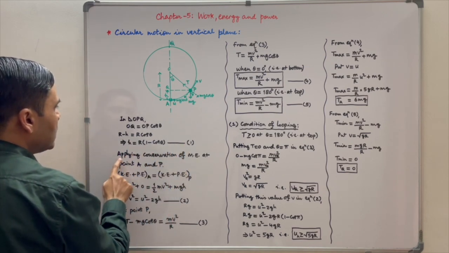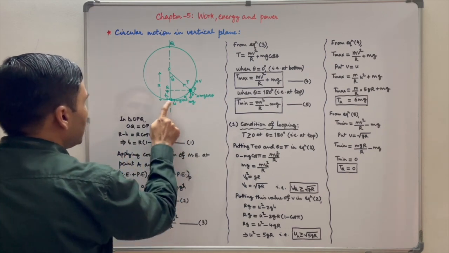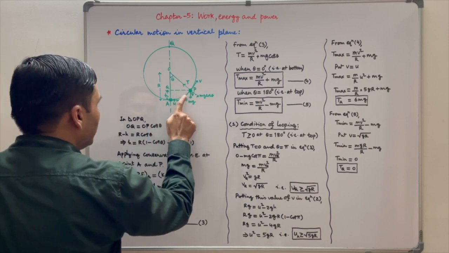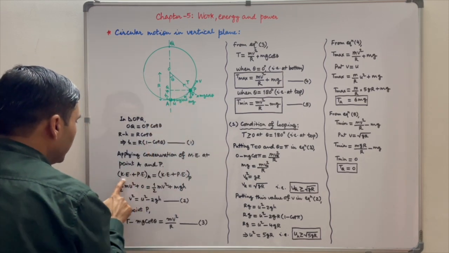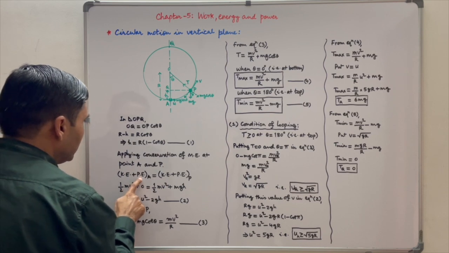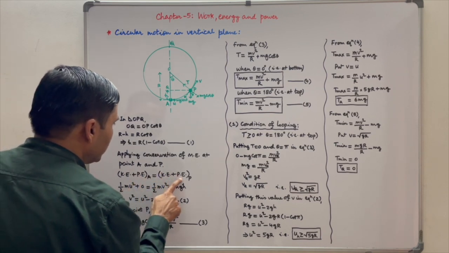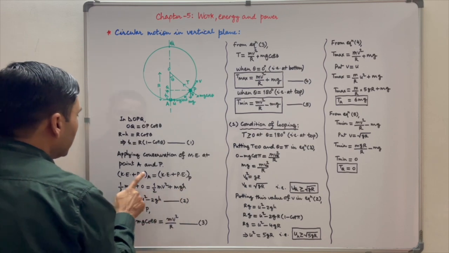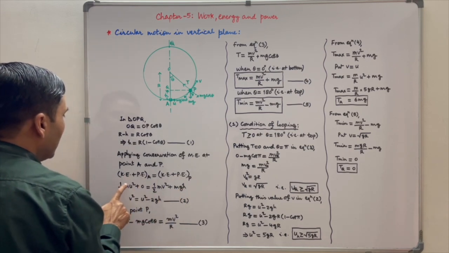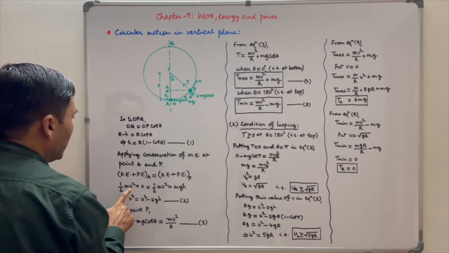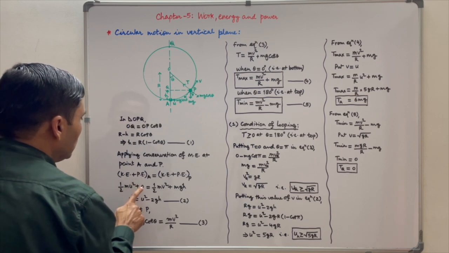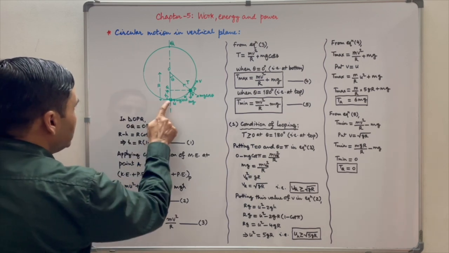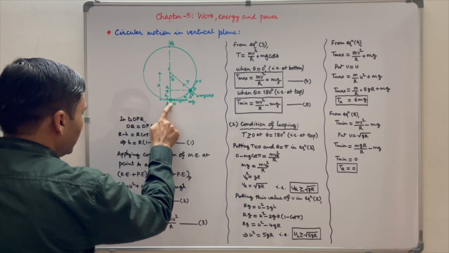We can apply conservation of mechanical energy at point A and at point P. At point A, kinetic energy plus potential energy is equal to kinetic energy plus potential energy at point P. Kinetic energy at A is half mu square, and potential energy at A is equal to 0 because point A is passing through the reference line.